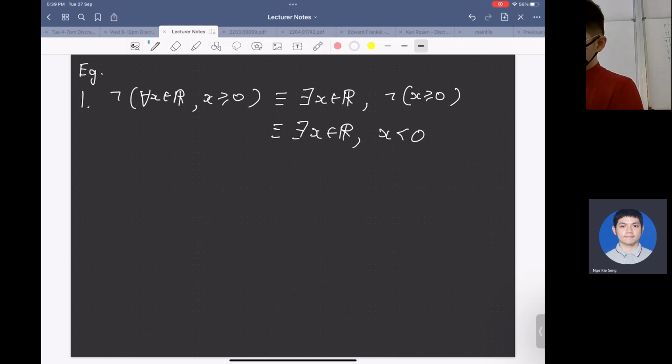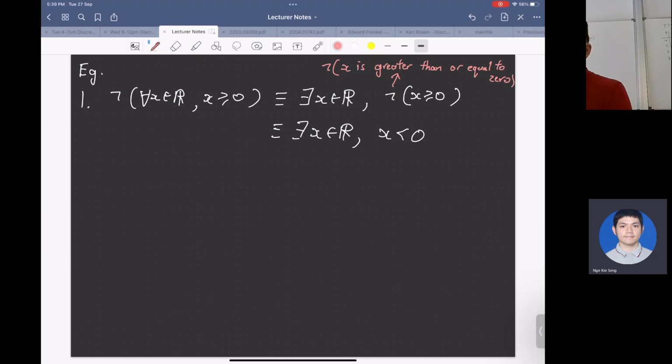Okay, I want to make a point here. This is not (x is greater than or equal to 0). So actually this is two statements.